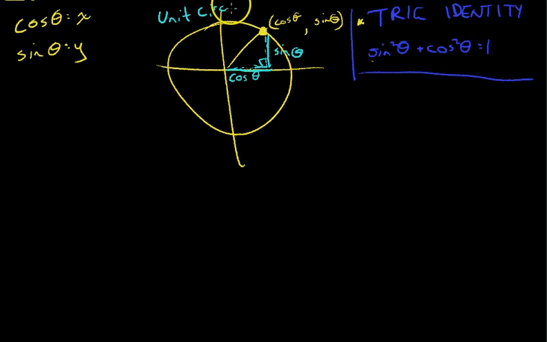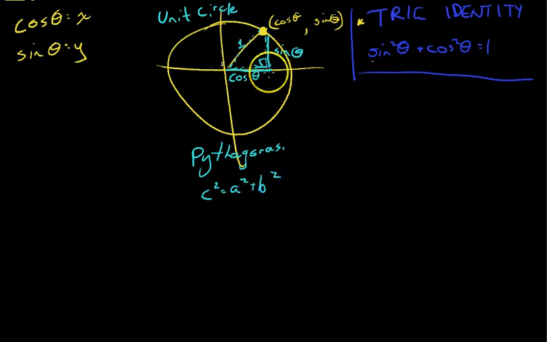Okay, remember this is a unit circle, which means that it has a radius of 1. This length here is 1. So, recalling Pythagoras' theorem, we can say that c squared is equal to a squared plus b squared.